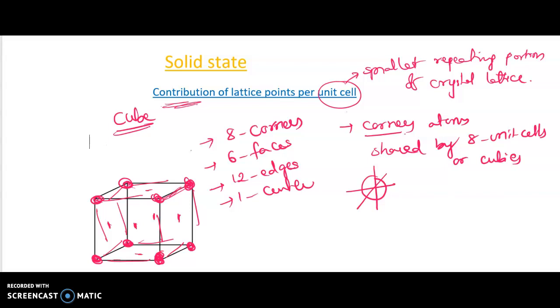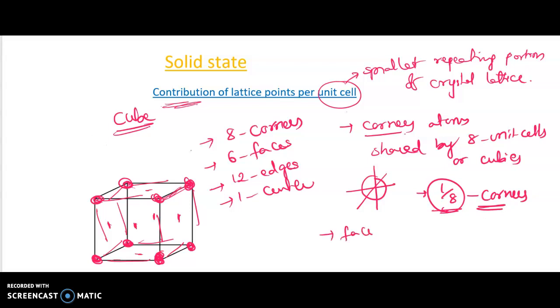So for one unit cell or cube, we will get 1 by 8th part. So at corners the contribution will be 1 by 8. Corners contribution is 1 by 8.